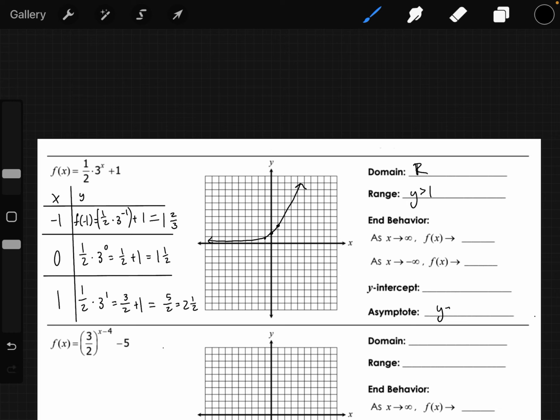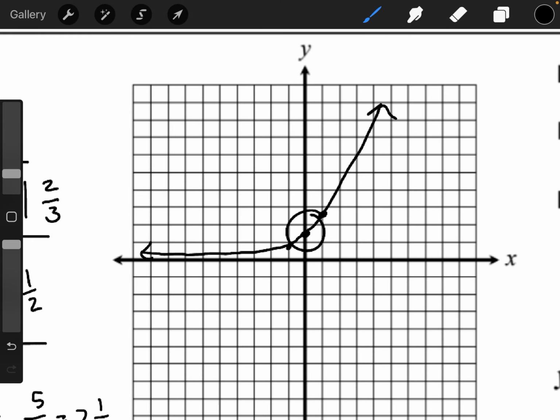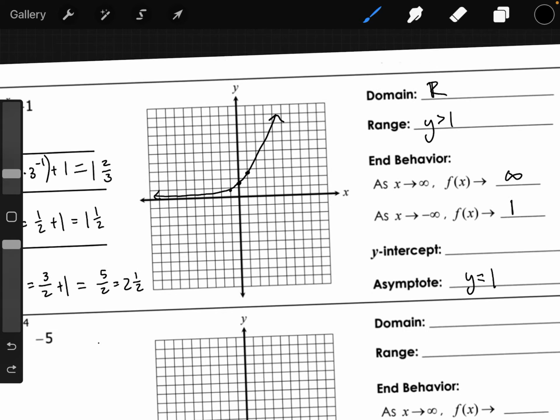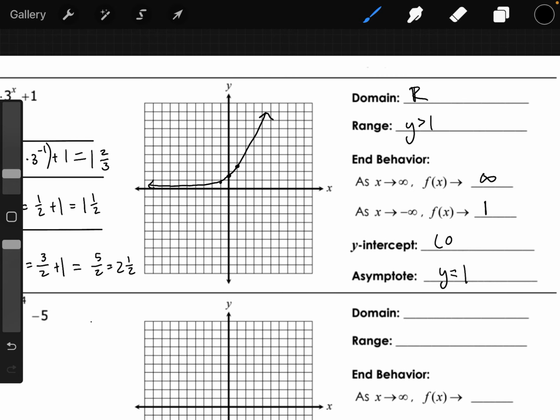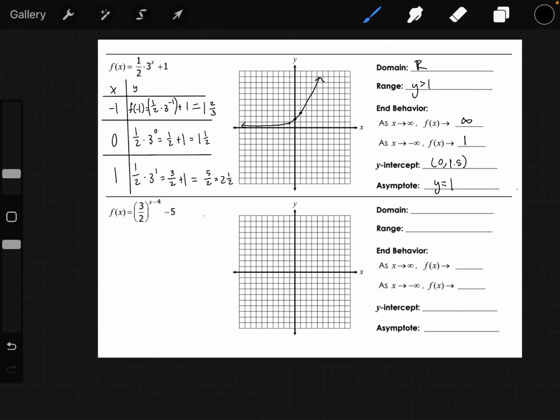So our k value here will actually tell us the range as well as the asymptote. It'll also tell us the end behavior, and the y-intercept here is at (0, 1.5).